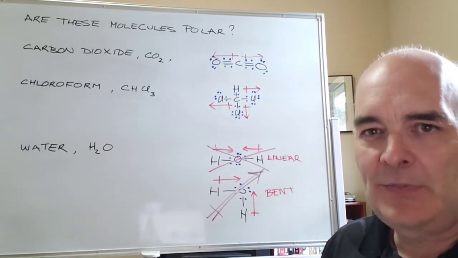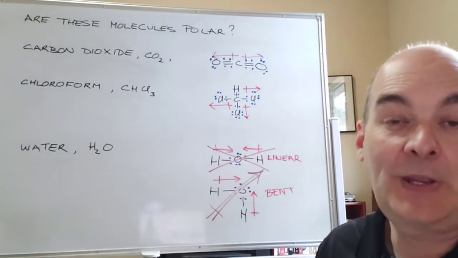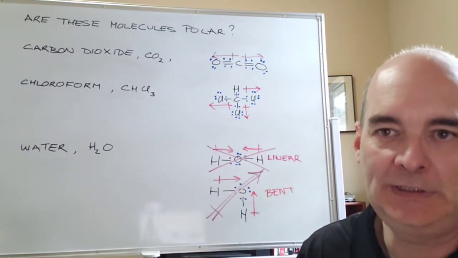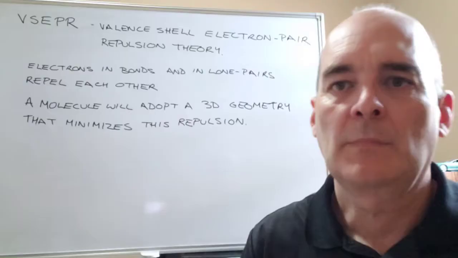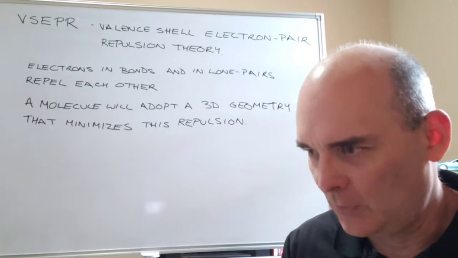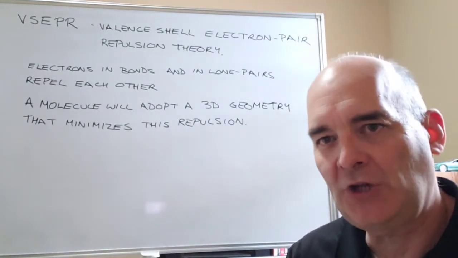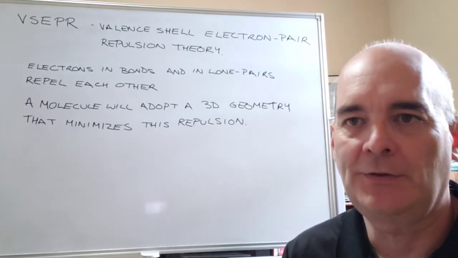And that is something that is going to need to be explained to us in an expansion of theory that we haven't seen yet. The 3-dimensional part of the puzzle is revealed to us through VSEPR, that is valence shell electron pair repulsion theory.